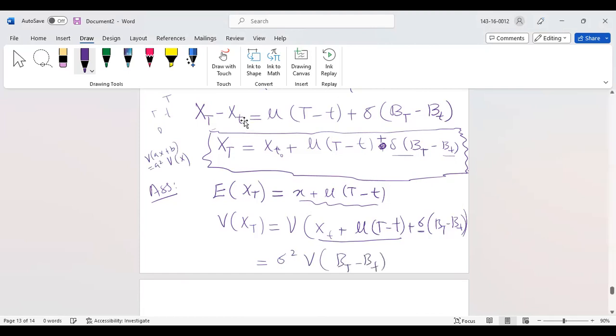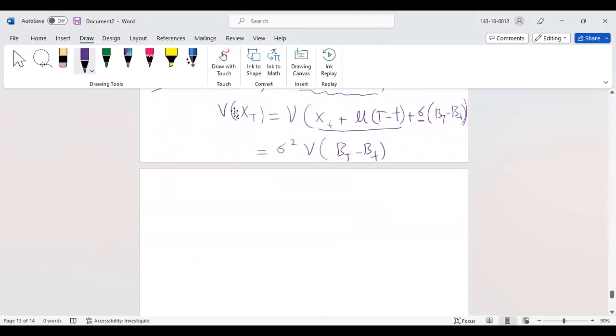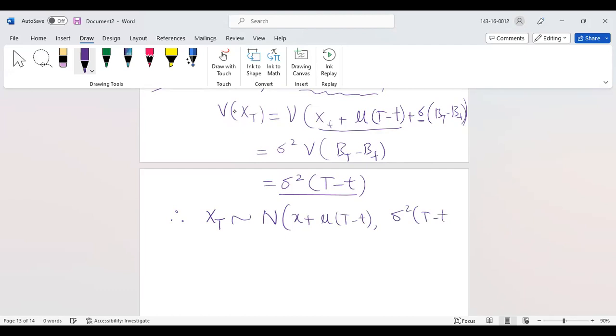And from the properties of Brownian motion, we already know that this is going to be sigma square times t minus t. So the variance is going to be this. Therefore my x of t is normally distributed with expectation, or we say with mean, mu times t minus t, and with variance sigma square t minus t.